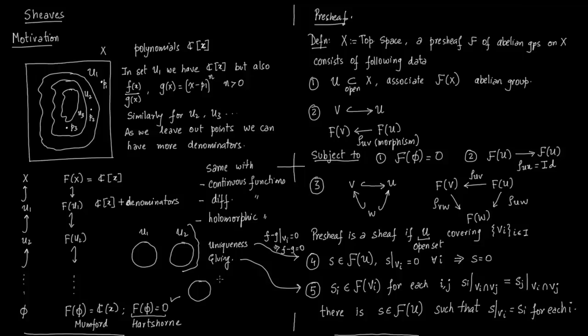So let these be sets Vi, Vj and Vk. This is Vi, Vj and Vk.